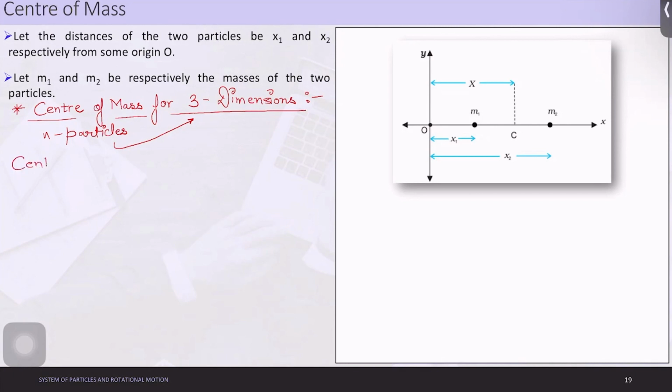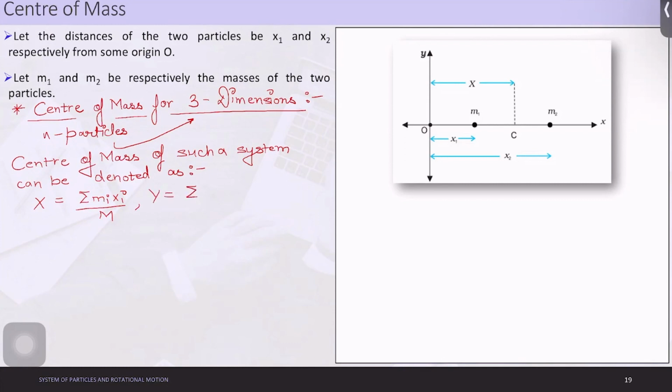The center of mass of such a system can be denoted as capital X, which is equal to summation mi xi upon capital M. Capital Y is equal to summation mi yi upon capital M, and capital Z is equal to summation mi zi upon capital M. Okay, I hope this definition is clear to you, how we got to this point.